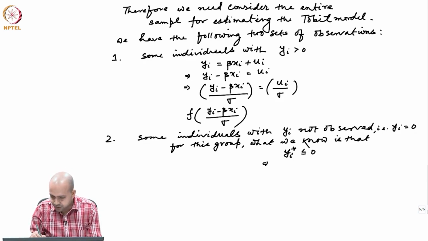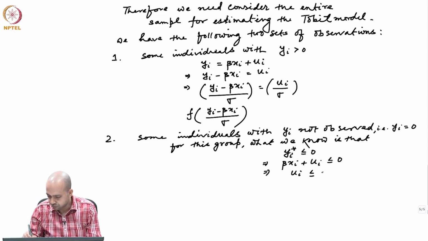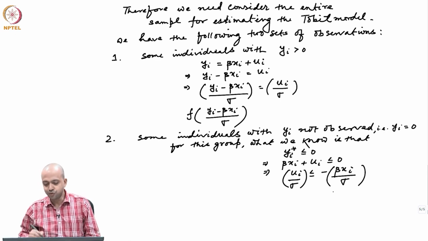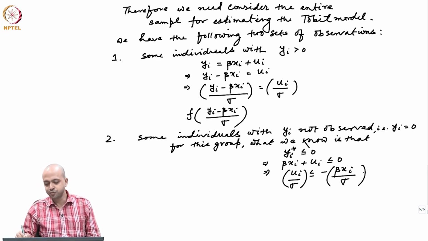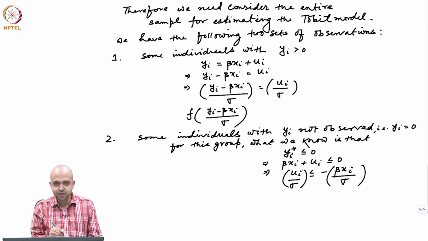That means beta xi plus ui less than or equal to 0, that means ui less than or equal to minus beta xi, or we can say that ui by sigma is less than or equal to minus beta xi by sigma. And what is the probability of this?